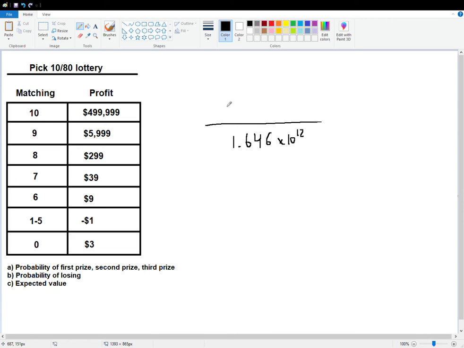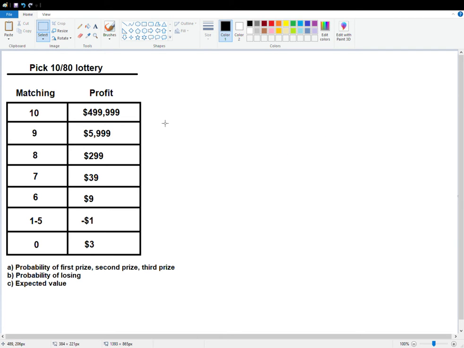The same procedure: 10 winning numbers, choosing 8 of those to match, times 70 losing numbers, choosing 2 of those now. If we multiply this top part out, we will get 108,675. Good, so those were all the probabilities for part A: first prize, second prize, and third prize.